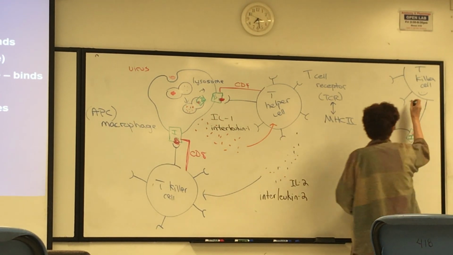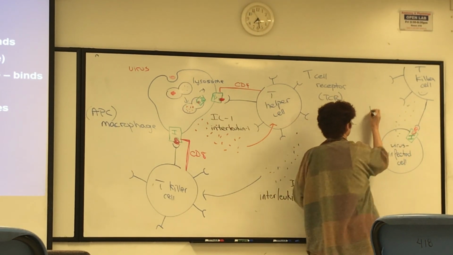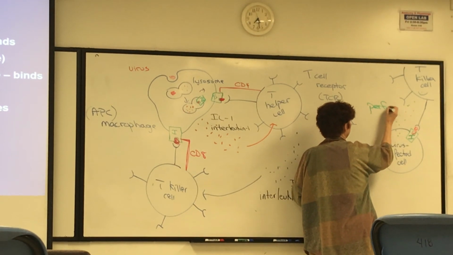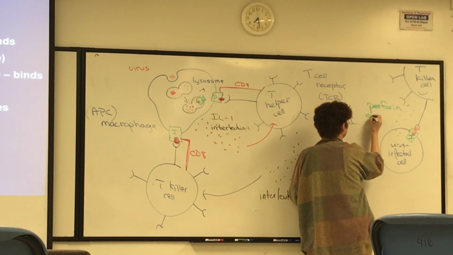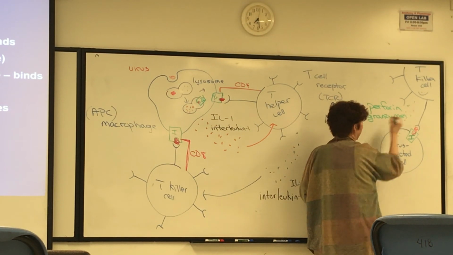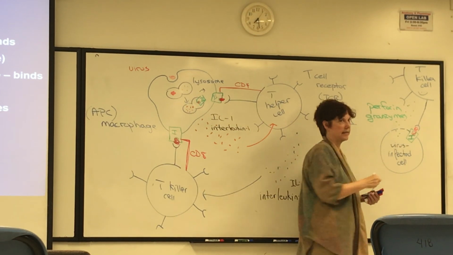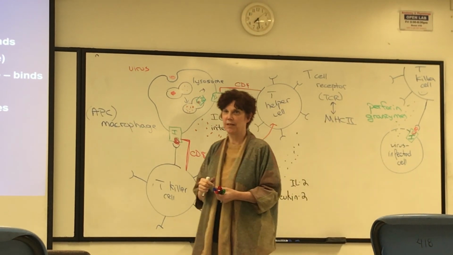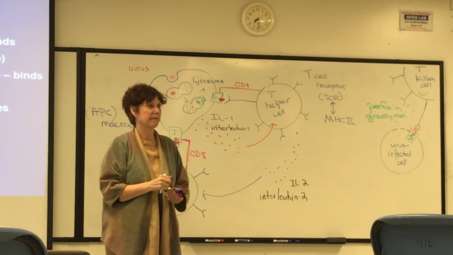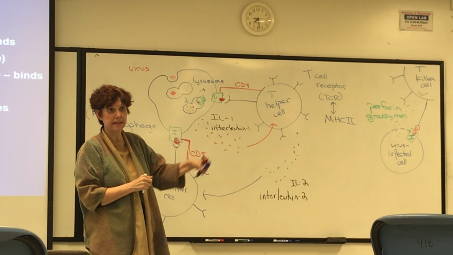So our T killer cell is going to be sending perforin and granzymes. It's going to perforate the cell membrane and send in the granzymes to trigger the cell to be killed. So that response is the same as the NK response, all right?